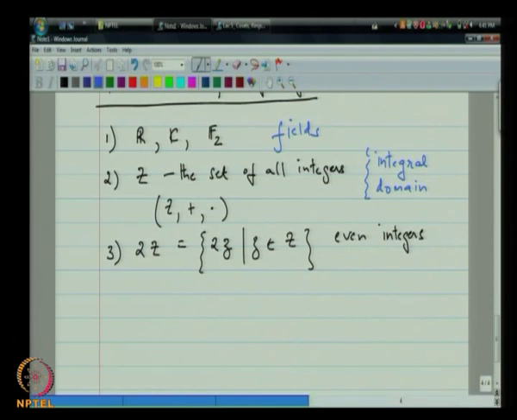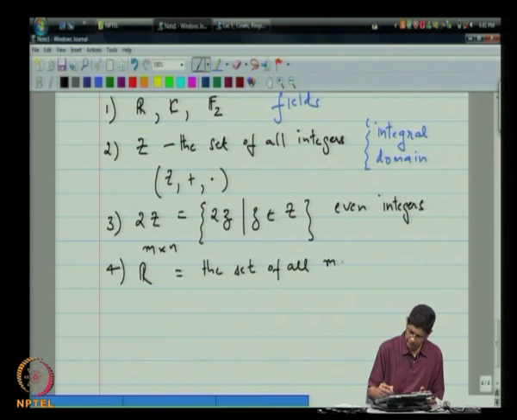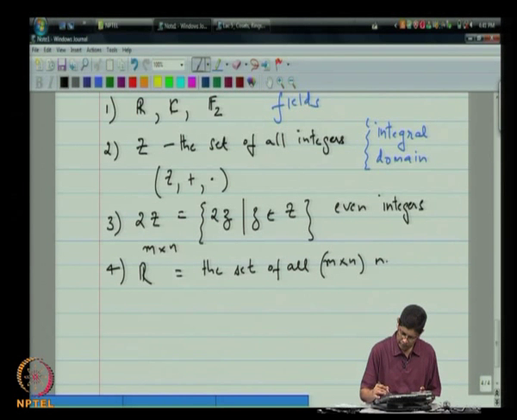Now, let us then move on to a different type of example. Supposing you consider the set of all m by n matrices over the real numbers.